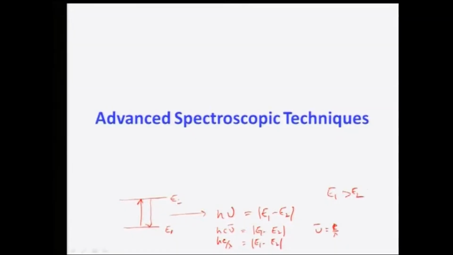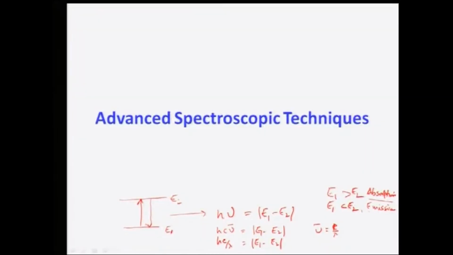On the other hand, if the molecule has gone to the higher energy state by absorbing the radiation and it comes back, that is, if the final state is lower than the initial excited one, we call it emission. So the spectroscopic measurement can be done either in absorption or in emission. That is the way the spectroscopic techniques are normally done.